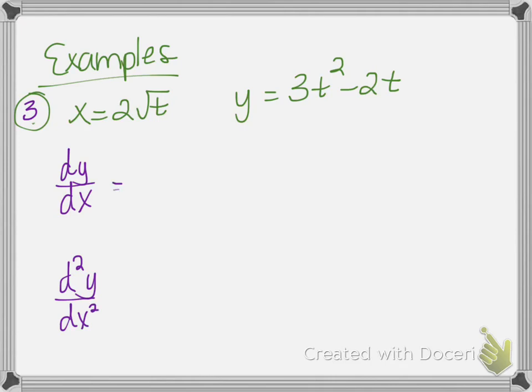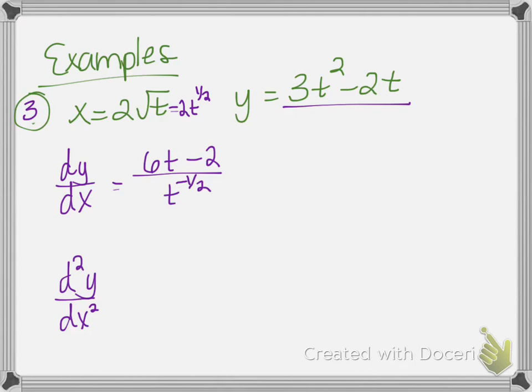So dy/dx means that I find the derivative of the y with respect to t, and then I find the derivative of x with respect to t. Okay, we're talking about derivatives here. So this is where you do 1/2 times 2 and then t and then subtract the power. So it would be t to the negative 1/2.